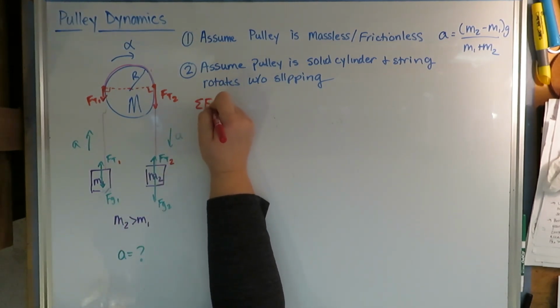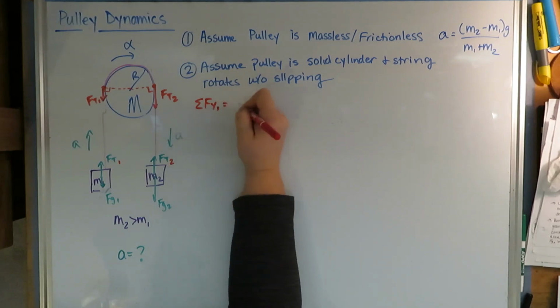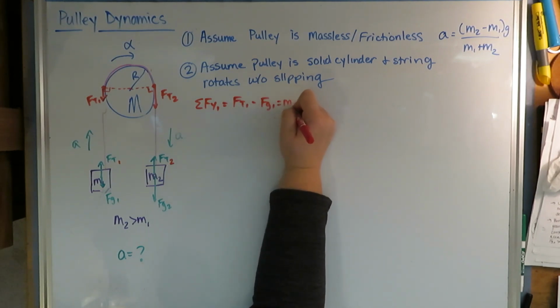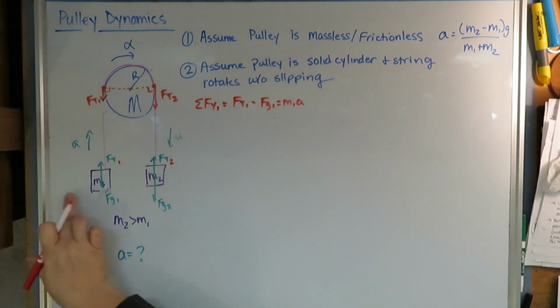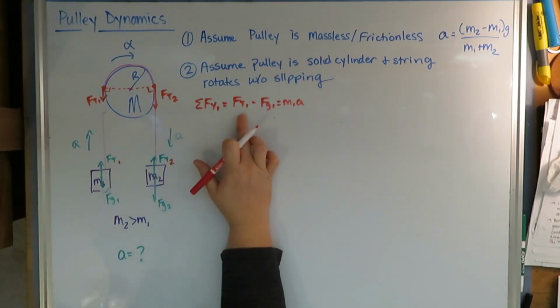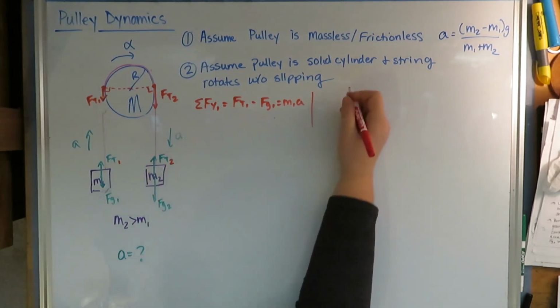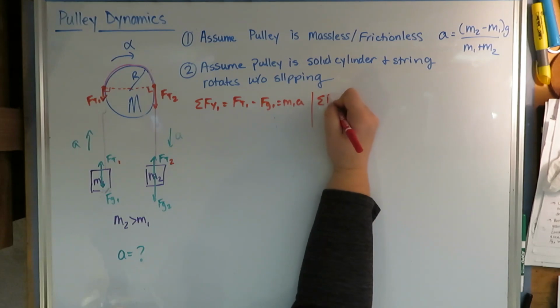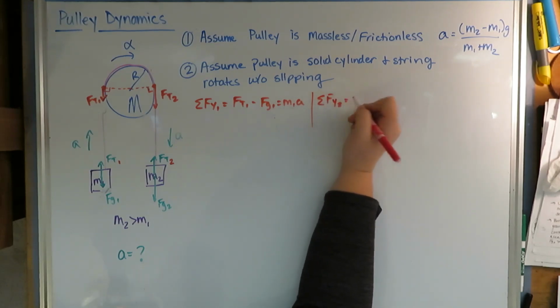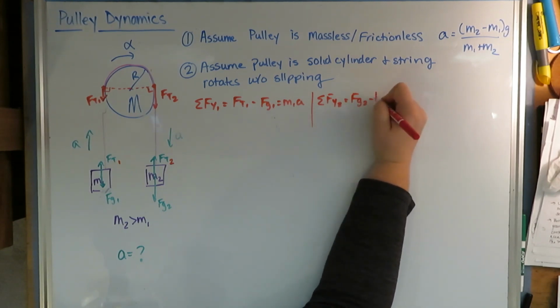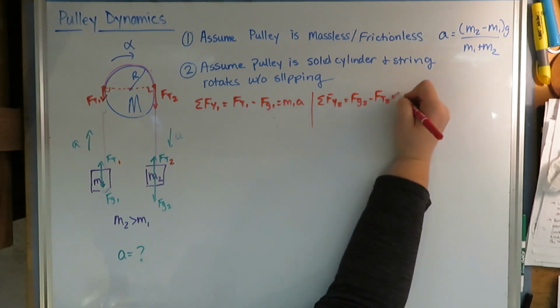So net force in Y1 is going to be FT1 minus FG1, and that is going to equal M1A. That is the same as it was before, except this is going to be a different value of tension. And then for the second block over here, I'm going to have the net force on the second block equal to the gravitational force, because that's the larger force, minus FT2, is equal to M2A.